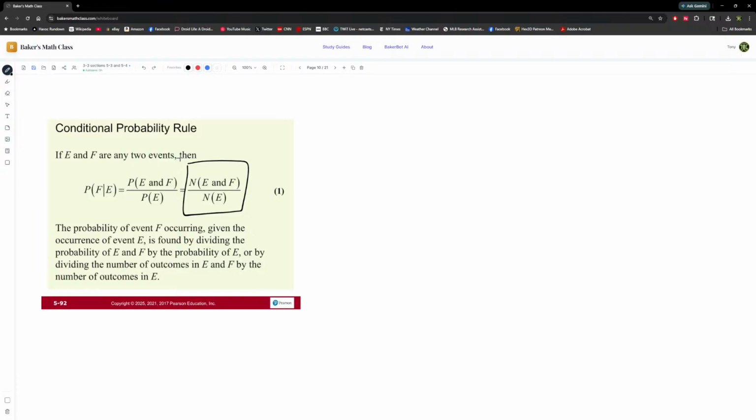Why it works is the probabilities are always divided by the total, so those basically cancel each other out. So it's really just the top numbers that we're looking at: the number that fits that value and then the number for the original E value. And again, when we actually do a problem in a minute, it'll make a lot more sense.